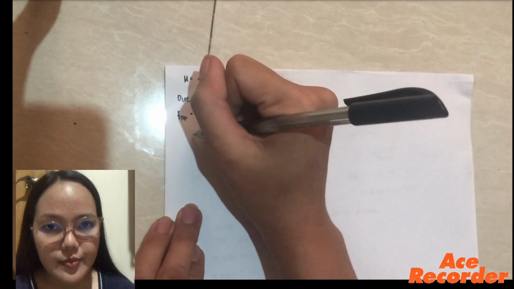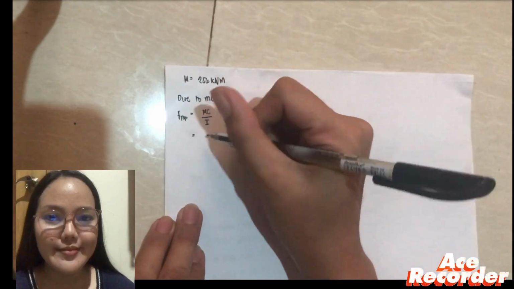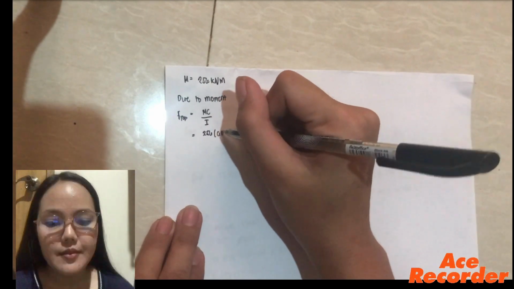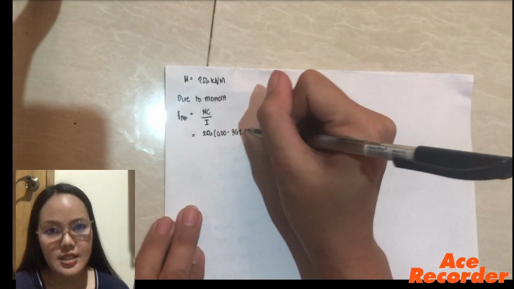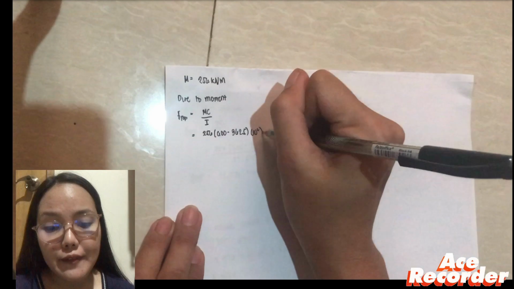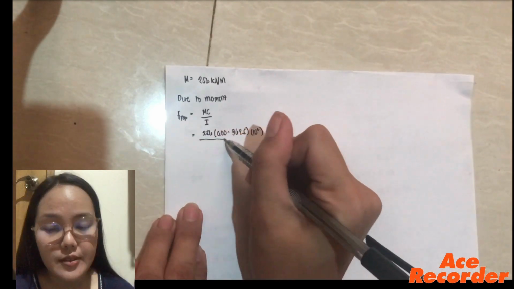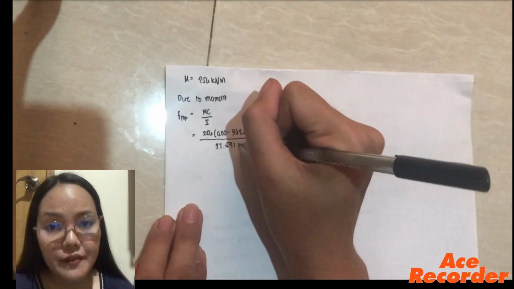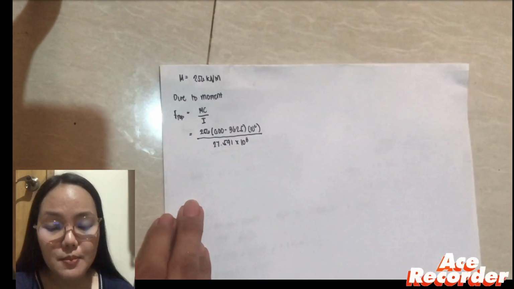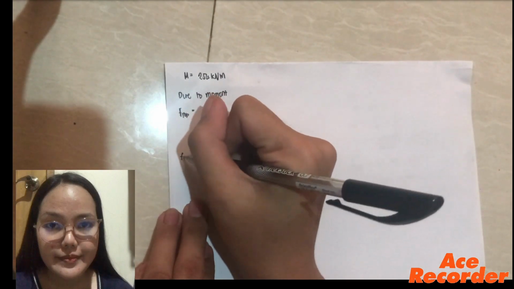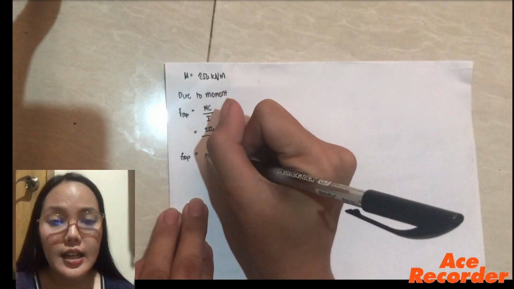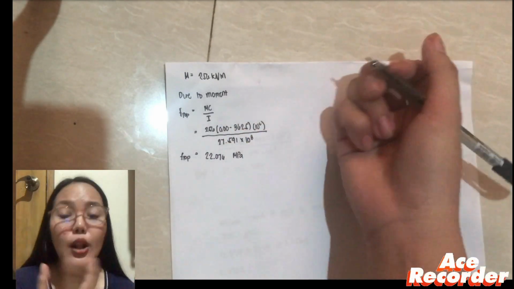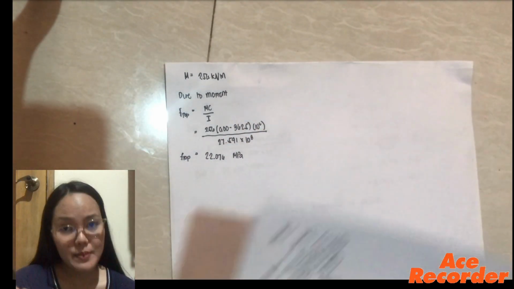Moment is 256 times 600 minus 362.5 times 10 to the 6th power over inertia, which is 27.541 times 10 to the 8th power. If we calculate this, we get 22.076 megapascal, which is the same as in letter B.